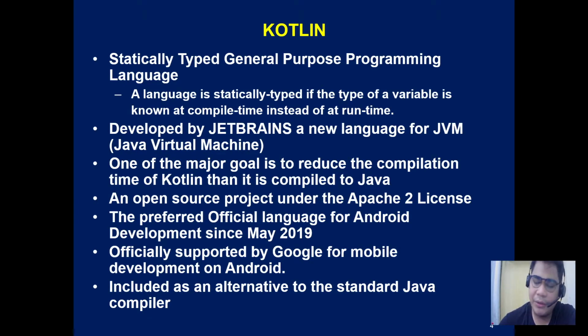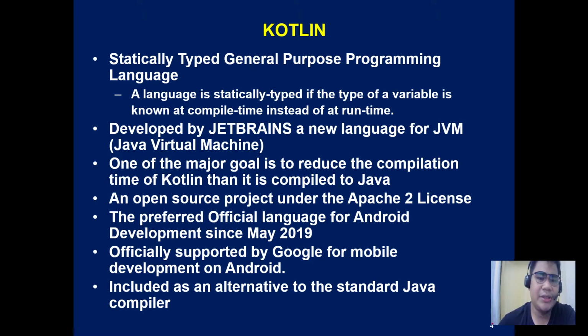Because during compile time the variables were already checked. But at runtime, maybe there are still execution errors, but it doesn't have to do anything with the variables anymore. Maybe just slight errors, like exceptions, are the errors you will encounter.